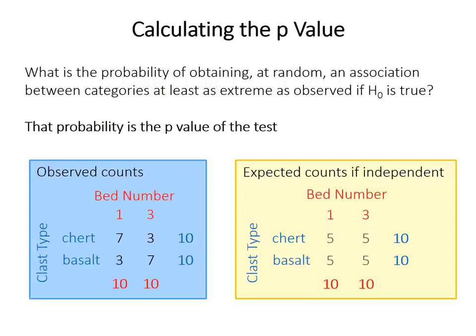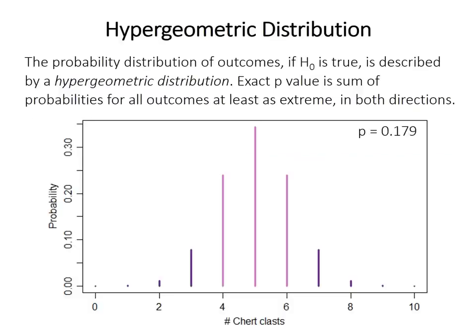So the greater your observed counts deviate from that expectation of equality, the more likely the result is to be significant. And so the probability of observing a particular outcome in this test is calculated from a type of discrete probability distribution called the hypergeometric distribution. You've seen a discrete distribution when we talked about the binomial test.